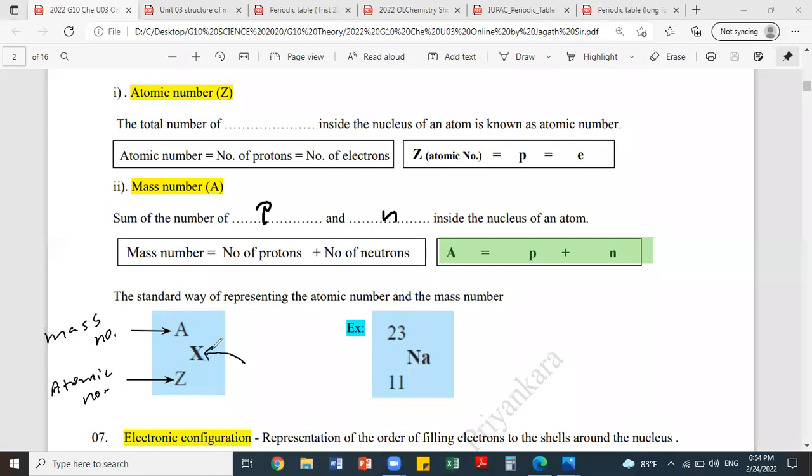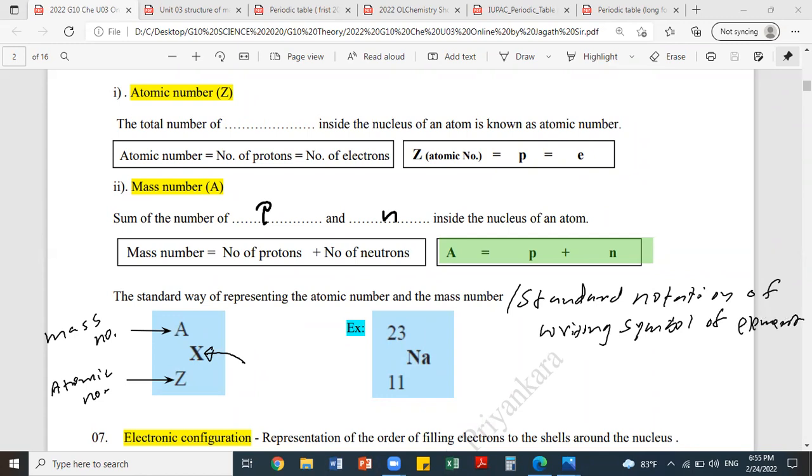So this is the standard notation of writing the symbol of an element with its atomic number and mass number.